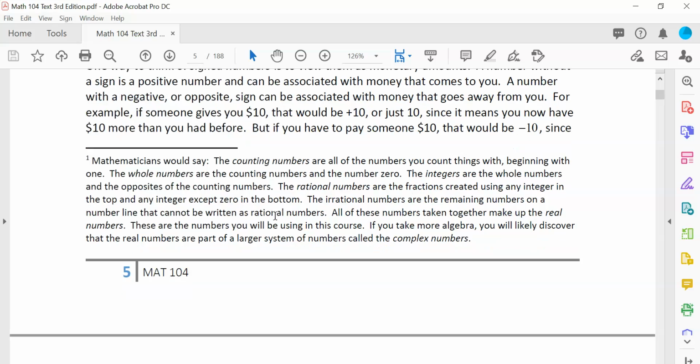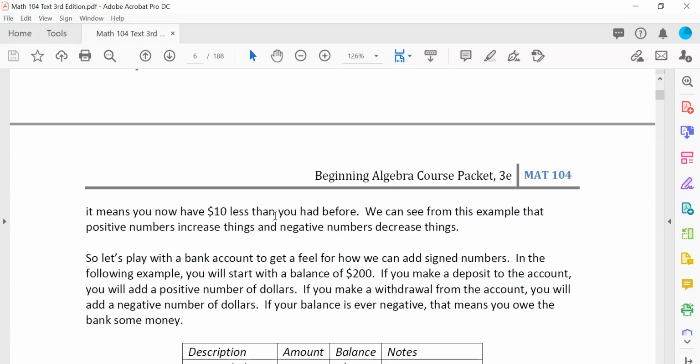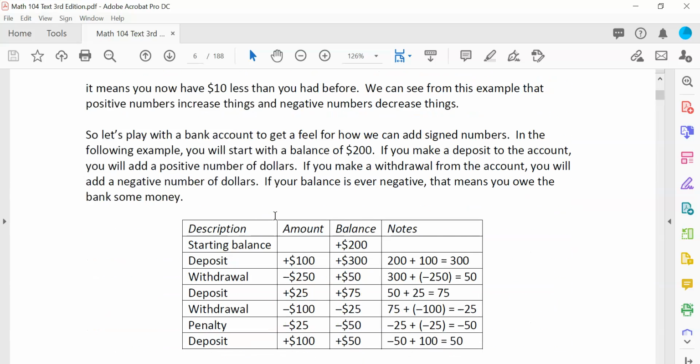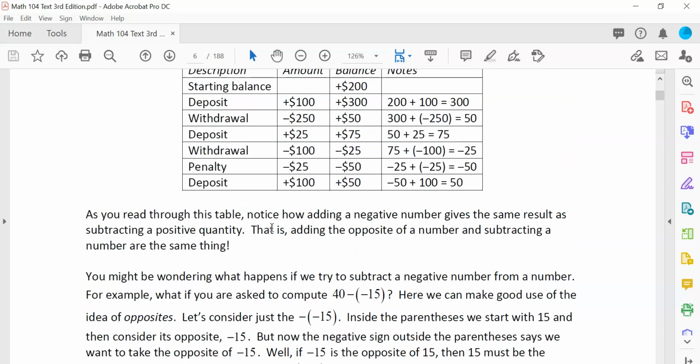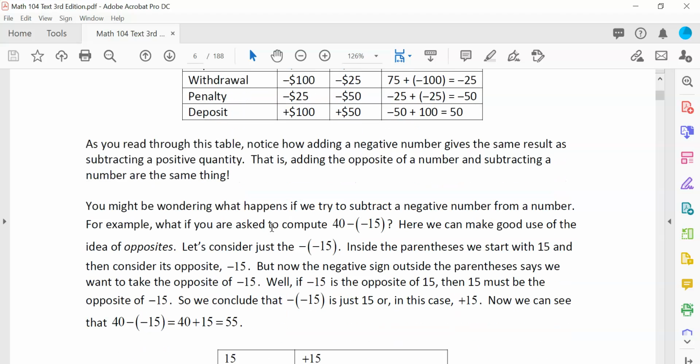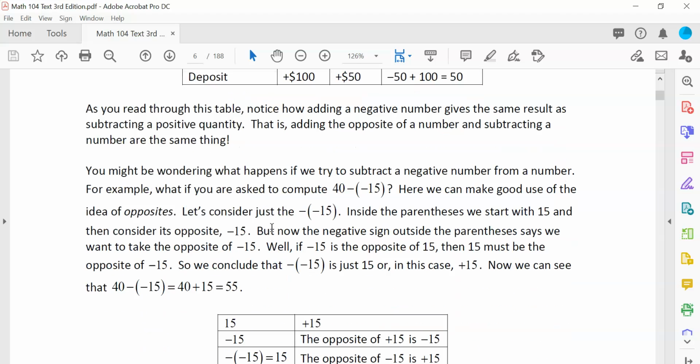All right. I'm going to skip the signed numbers part because I think we can do that. I just want to talk about how adding and subtracting works. The really interesting thing about adding and subtracting numbers is what happens with something like 40 minus -15. So what happens when we subtract a negative?